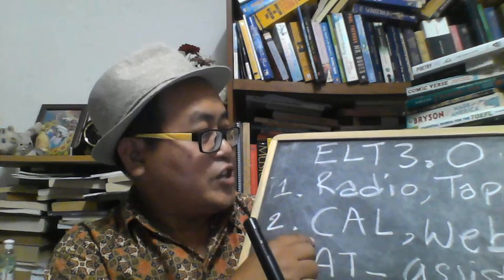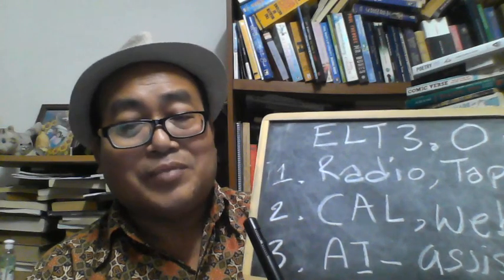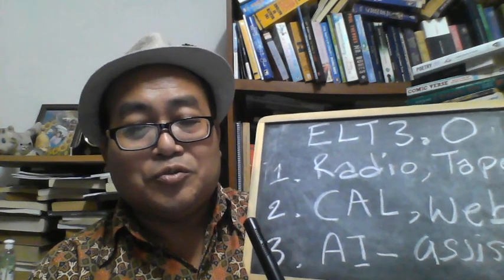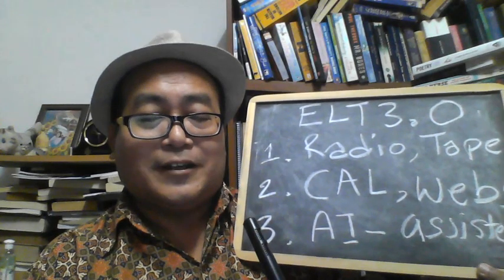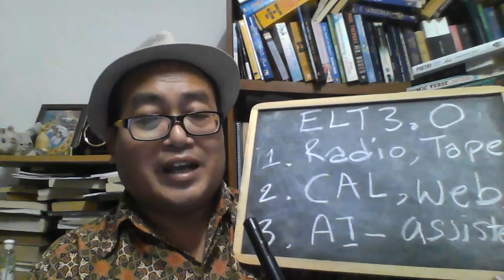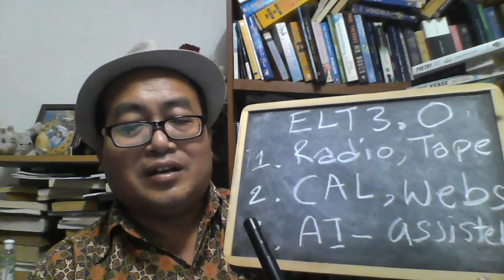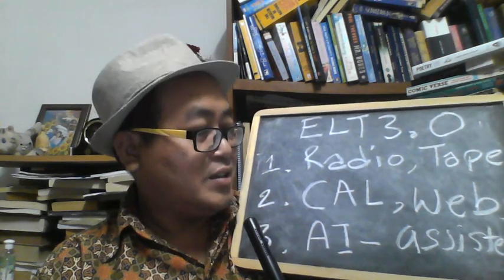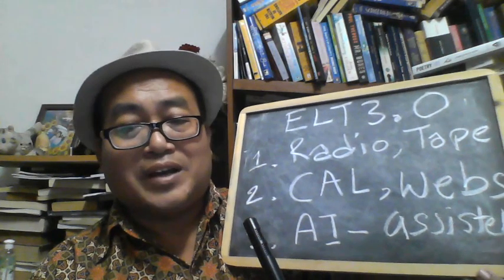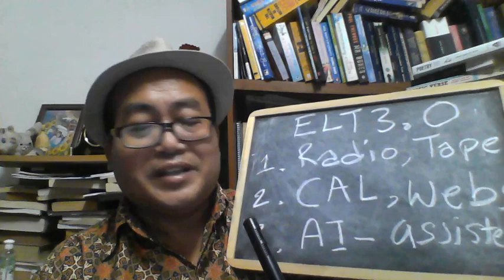The second technological stage in English language teaching is when we have the computer and we can use what we call programs to learn the language. I remember many software where we can actually develop specific skills like reading, listening.